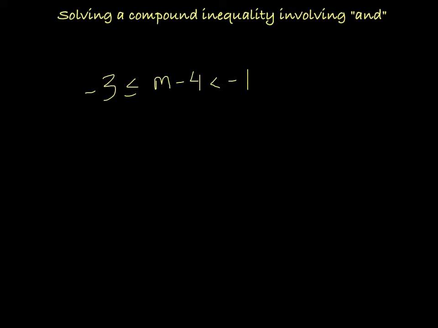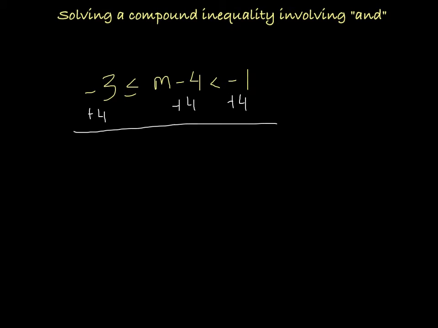All right, and as we talked about, solving inequalities is very similar to how we solve equations. We just need to use those properties of equality, meaning that if we have some number m - 4, we would need to add 4. And in this inequality, we're actually going to add 4 to everything. Okay, kind of similar to equations: whatever you do to one side, you've got to do to the other. Essentially, we add 4 to each part of that inequality.